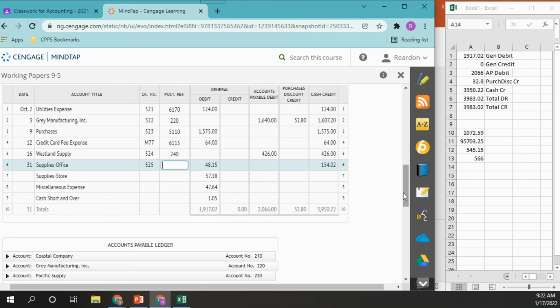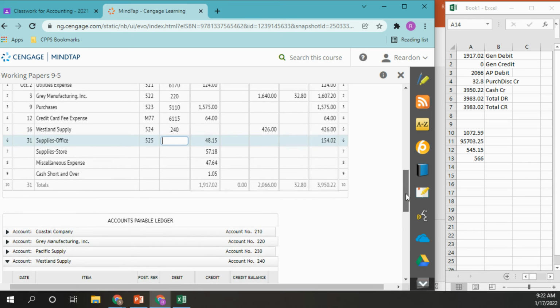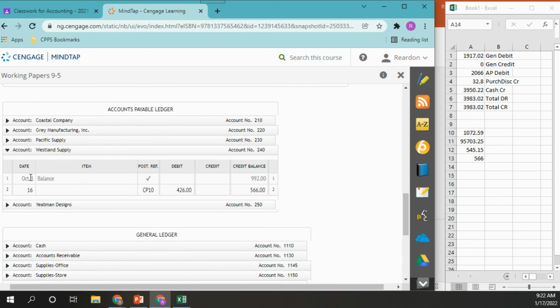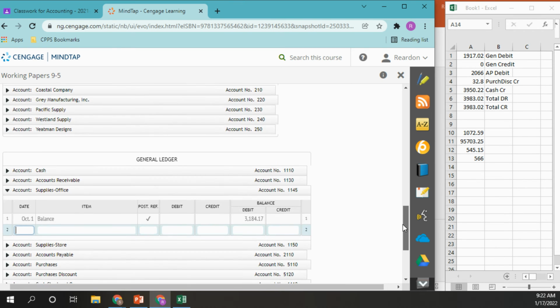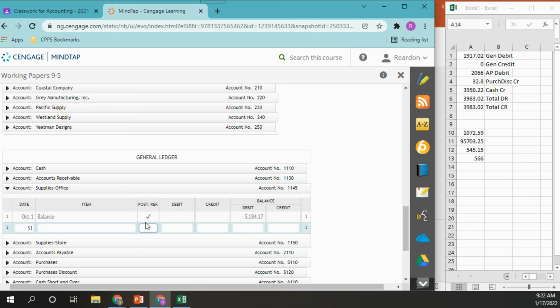Then we had this petty cash, 4815 supplies office. Wait, what was the date again? The 31st. Cash payments 10. 4815.